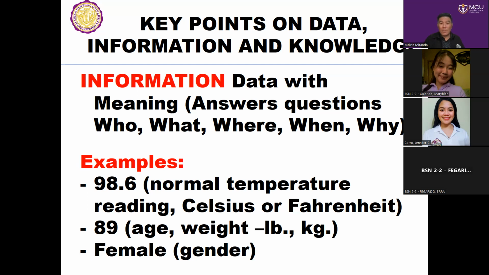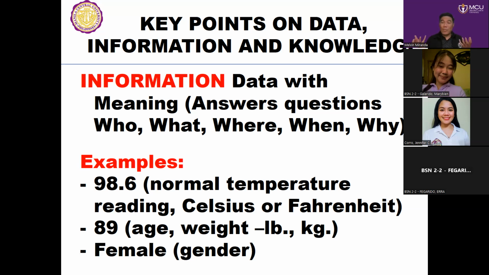And we all know if it is Celsius, it has a different meaning. And if definitely Fahrenheit, so probably 98.6 Fahrenheit. And if it's 98.6 degrees Celsius, let us think about whether it is valid information. I think if we are talking about the normal temperature reading, the 98.6 is definitely degrees Fahrenheit.